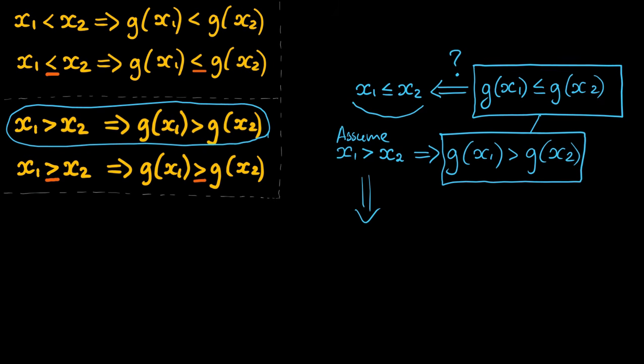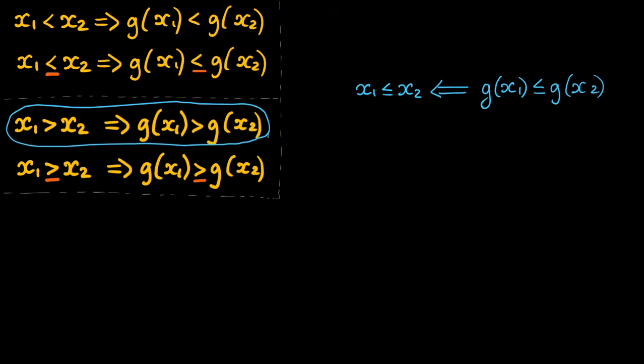Therefore, we have shown that it must be the case that x1 is less than or equal than x2 whenever g of x1 is less than or equal than g of x2. We have shown that a strictly increasing function is not only order preserving, but also order reflecting.